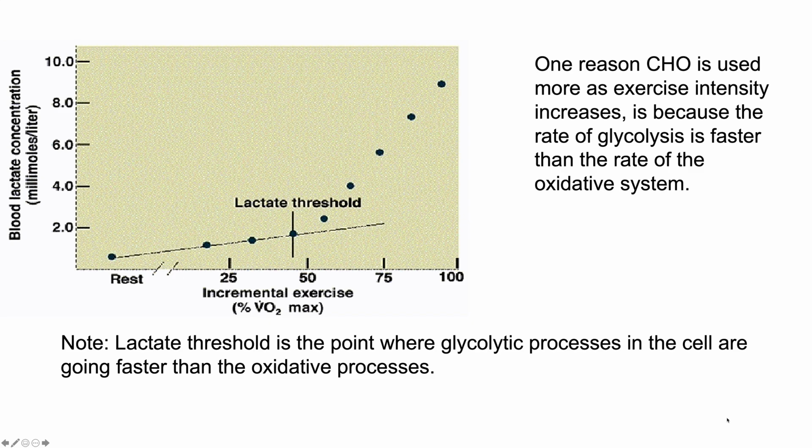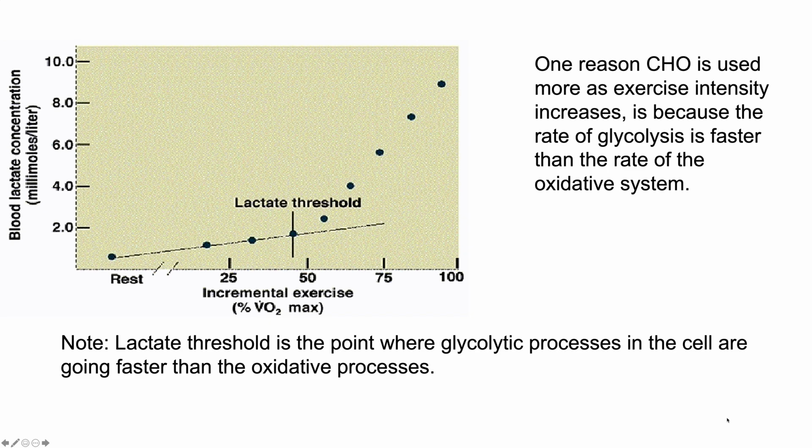And so that does happen, but the benefit of glycolysis being able to work at that fast rate is it supplies ATP faster than the oxidative system. And so the main reason we use carbohydrates at high intensity is because they can match the demands of ATP, the needed ATP to perform the movement. Okay, so the harder you need to go, the more carbohydrates will be used because glycolysis can supply those demands.